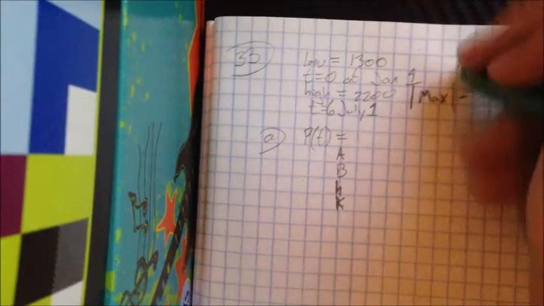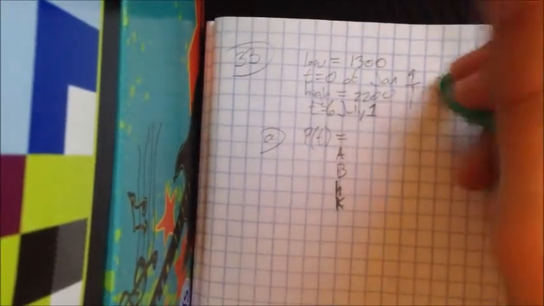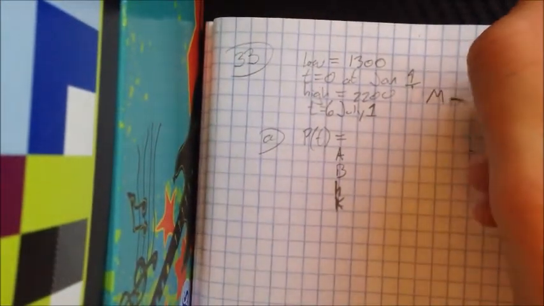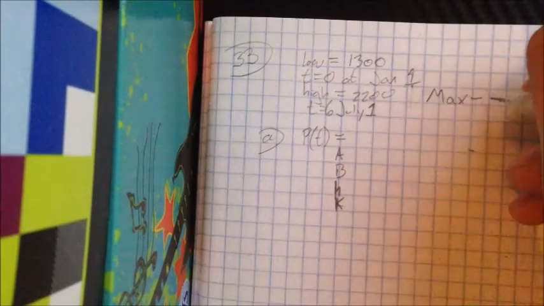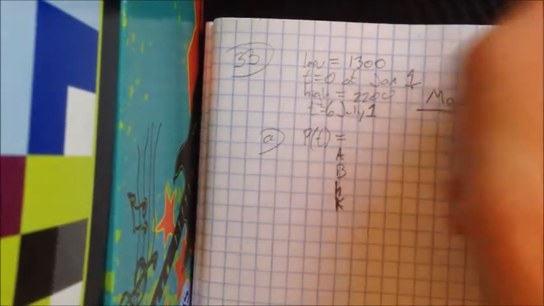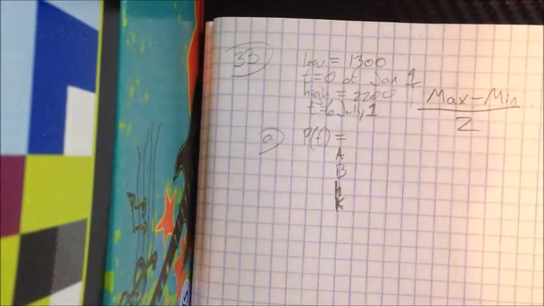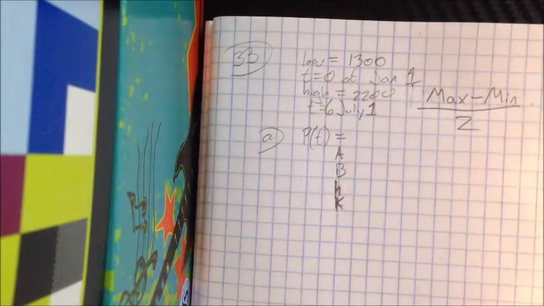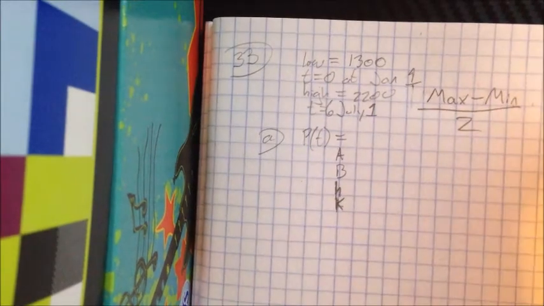Actually, no, that's wrong in this case. I'm sorry, guys, I am being confusing. So our maximum minus our minimum divided by 2 will give us our amplitude.